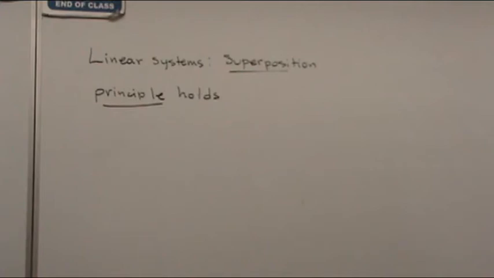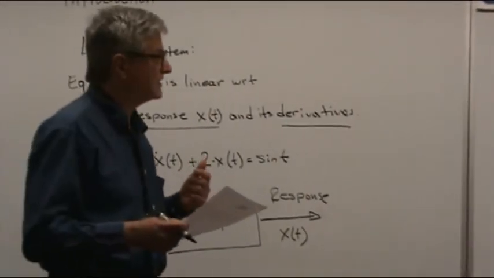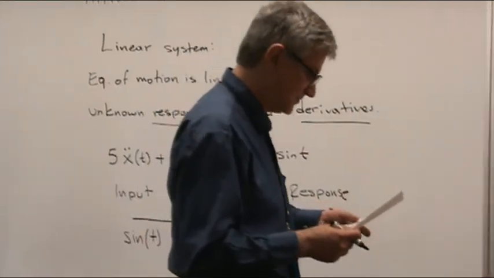For example, if in this equation you had sine of t plus cosine of t, then you could find x of t by finding the response to the sine, then separately work with the cosine, find the response, and then add the two responses. That's the superposition principle.